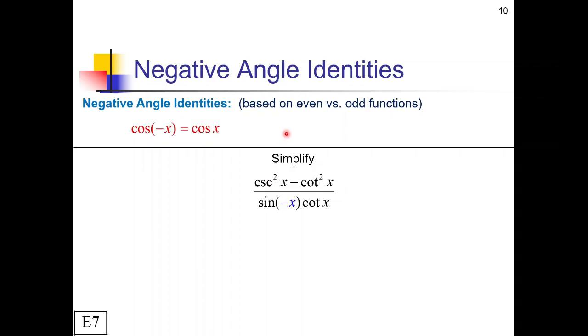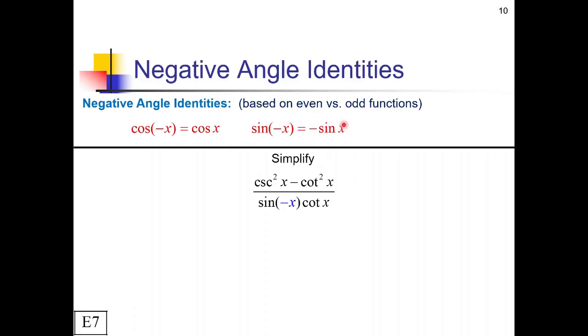Now let's talk about sine and tangent. Sine and tangent, those are both odd functions. If you look at their graphs, they have rotational origin symmetry. So that gives us the rule, in general, we have f of negative x equals negative f of x. So specifically in this case, this means that sine of negative x equals negative sine of x.